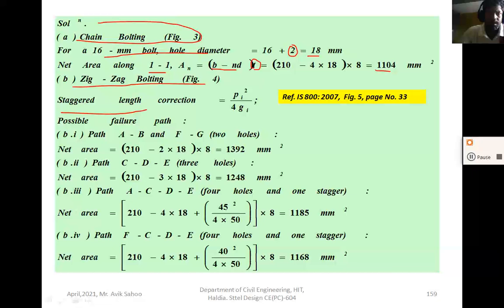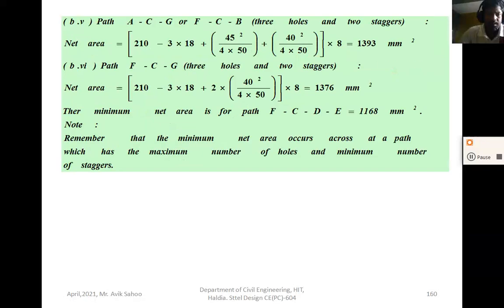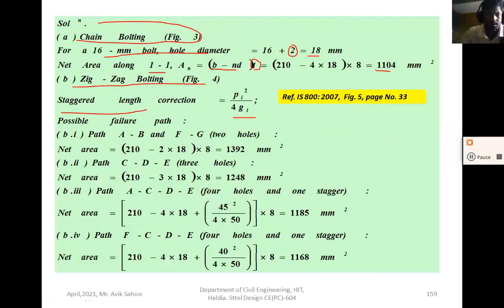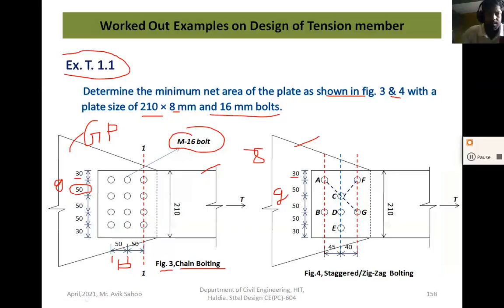Now the stagger length correction is how much? That is Pi square by 4Gi. In a zigzag pattern, different possible failure paths may exist, so it may fail along a different line or a different cross section.